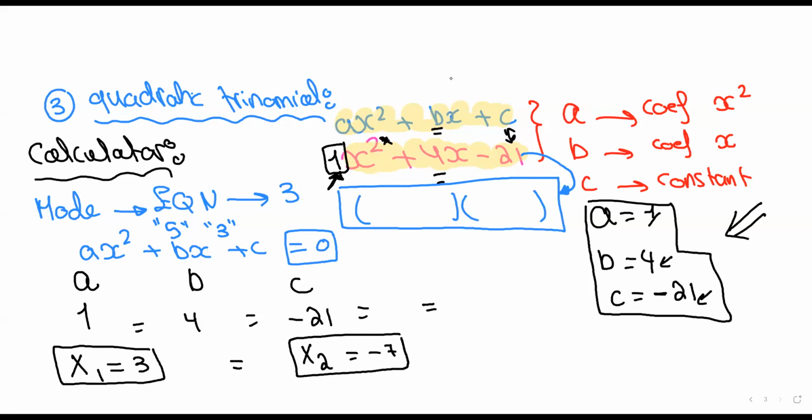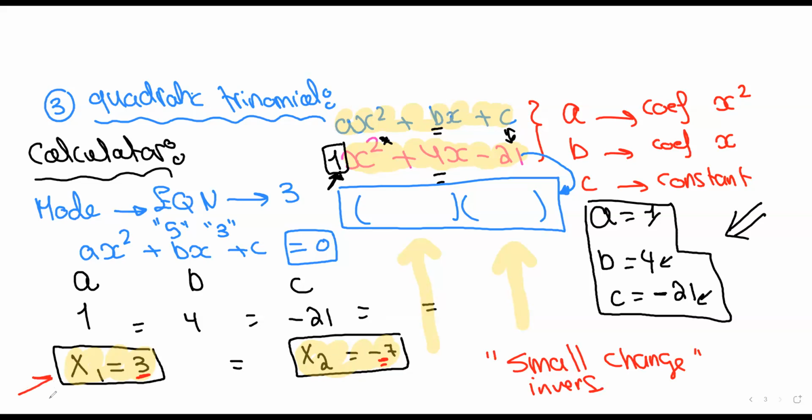These numbers that appeared on the calculator are the numbers that you will put inside the brackets, but with a very, very small change. And what is this small change? We will inverse the sign. If the number is positive, I will insert it as negative. If the number is negative, I will insert it as positive. So how do I put this inside the bracket?